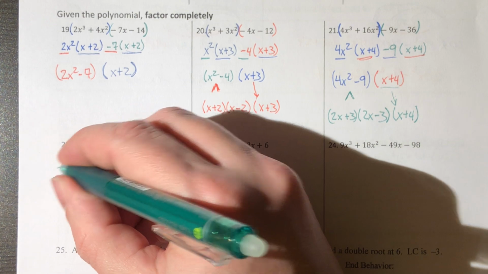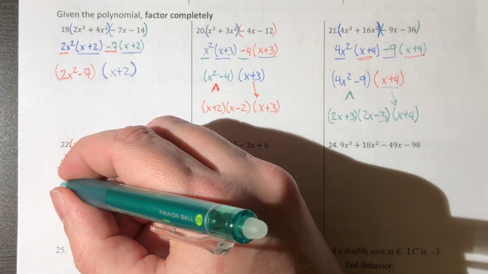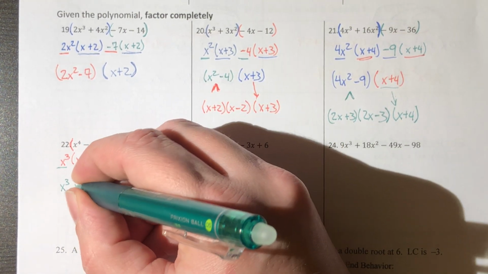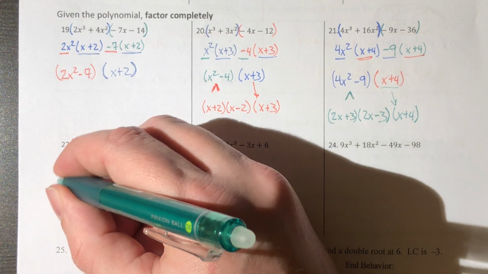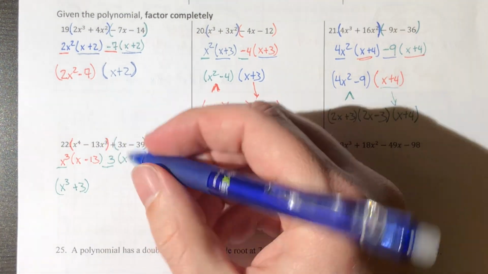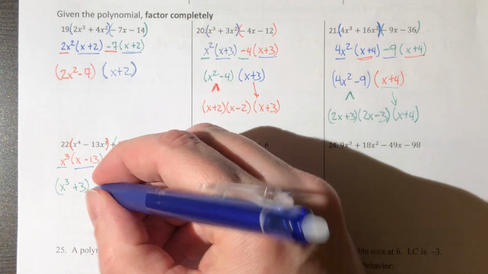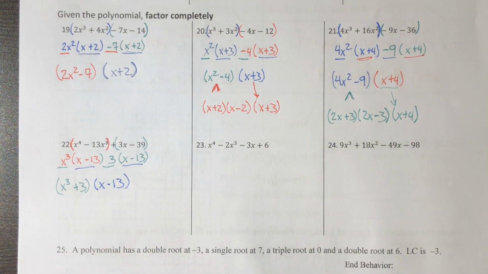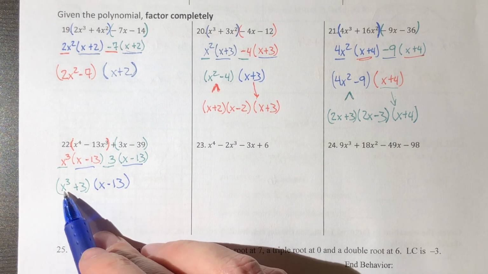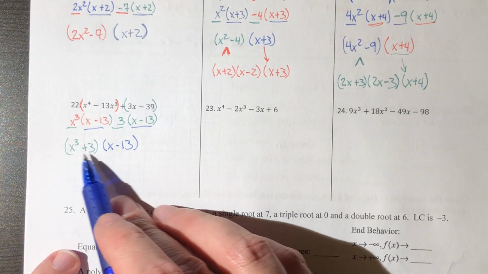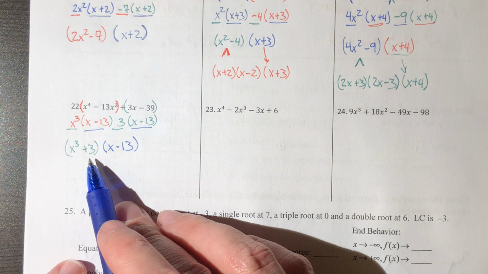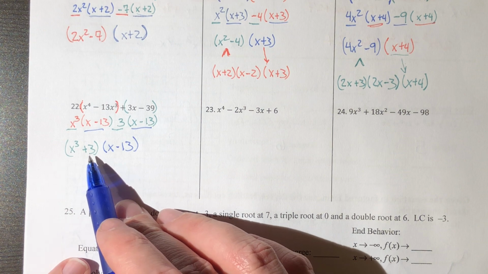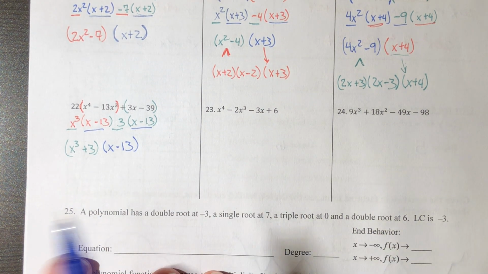So one factor is what I pulled out, x cubed plus 3. The other factor is what I had remaining. Both of those are x minus 13. X cubed plus 3, those are not perfect cubes, so this is not a sum of cubes. This is it fully factored.